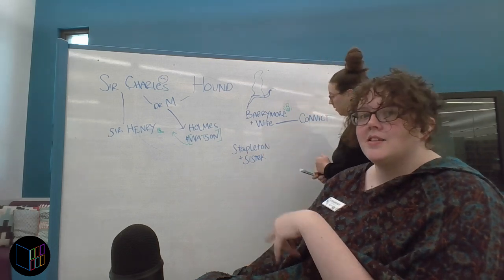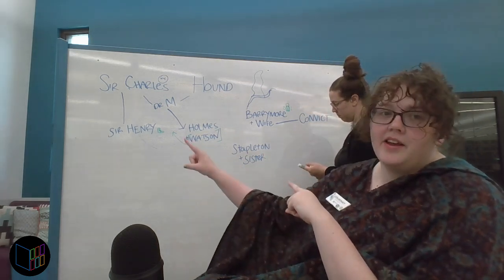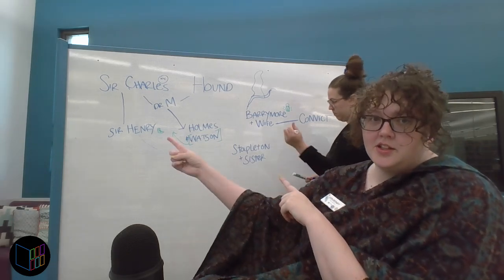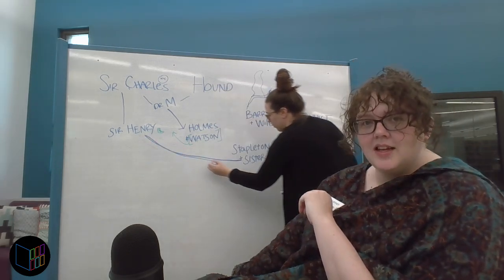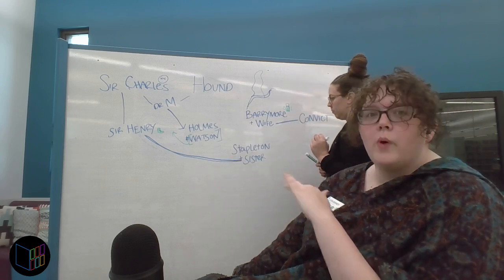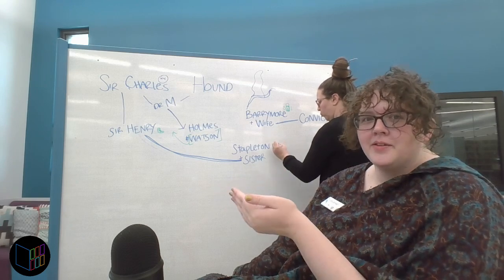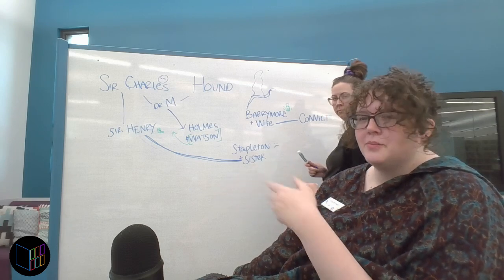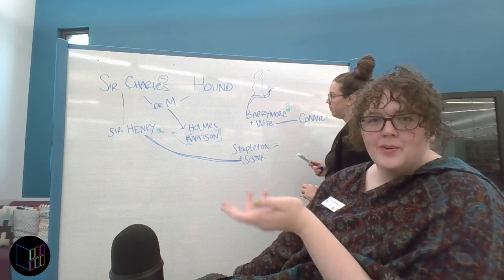And then he has a sister, and his sister and Sir Henry start crushing on each other and start dating. However, very strangely, Stapleton is wildly upset about this. And everyone's just like, why, dude? You would want your sister to marry the most powerful man in the area. What are you doing?